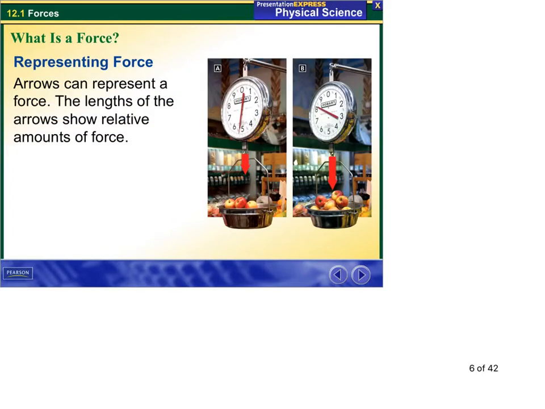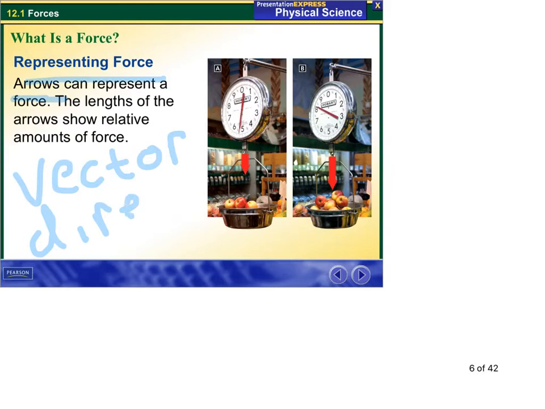When we represent force, we can use arrows. Force is another vector. So vector, remember, will always have a direction with it. We can use arrows as illustrated here to show that direction.